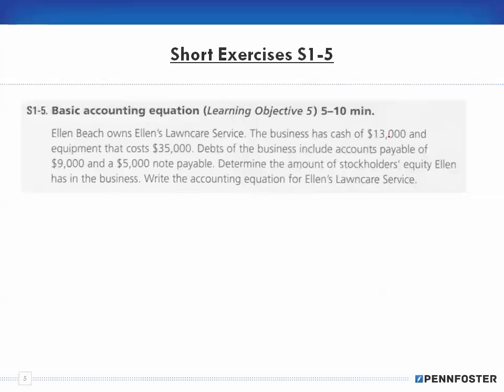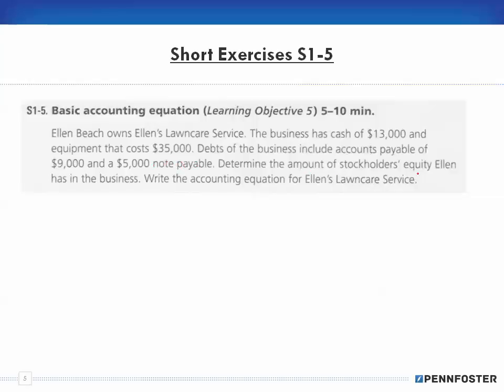I haven't read the rest of the problem, but I know cash is an asset, and I know I'm starting at 13, and that amount may change. And equipment costs 35,000. So equipment is also an asset. Debts of the business include accounts payable, which is a liability of 9,000, and a 5,000 note payable. That's also a liability.